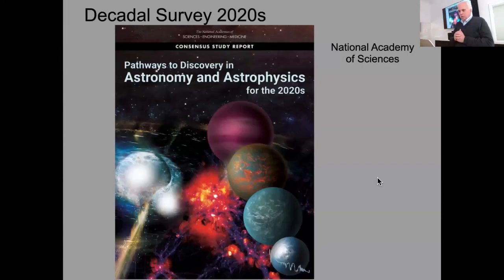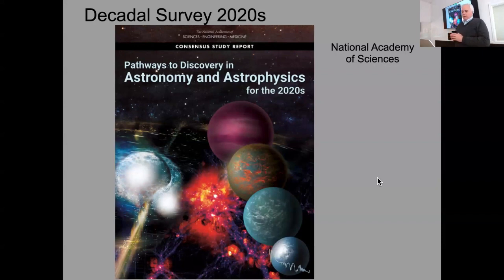I want to mention something political in astronomy, how astronomy works on this kind of project. Every 10 years, the astronomers get together, form big committees, and decide what the important things are that we need to do next.